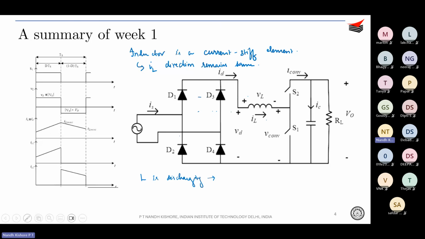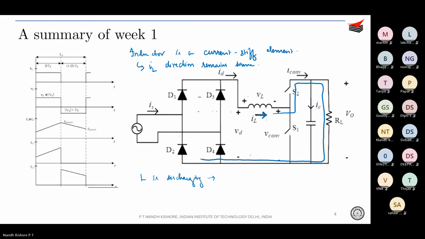Okay. So how do you identify the path? See over here in the figure also they have marked that IL direction is like this. So now S1 is off. Complete the path such that your inductor current direction remains the same. All right. So what you can see is you start from over here, you go like this, and through the load, you come all the way over here, right?